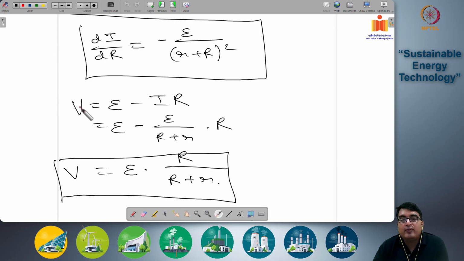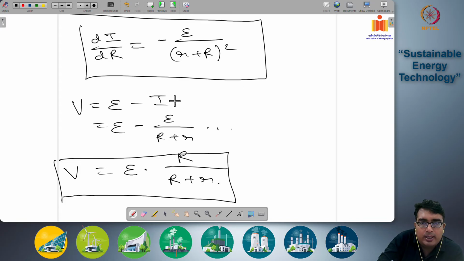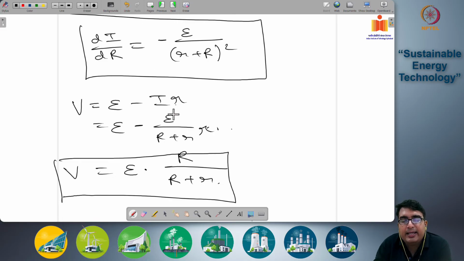And the voltage value is epsilon minus I into, there is a mistake here, just I want to correct that, I into small r here. Okay. And what is I? I is electromotive force by capital R plus small r, into small r, right?